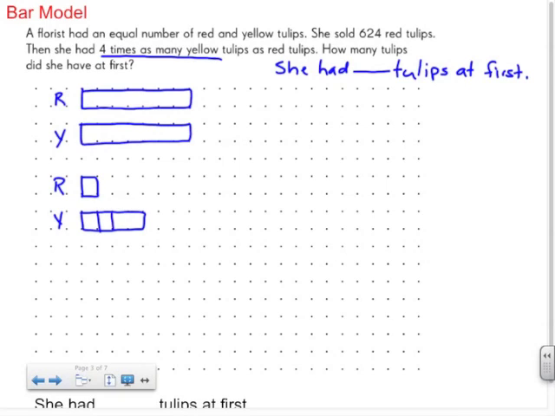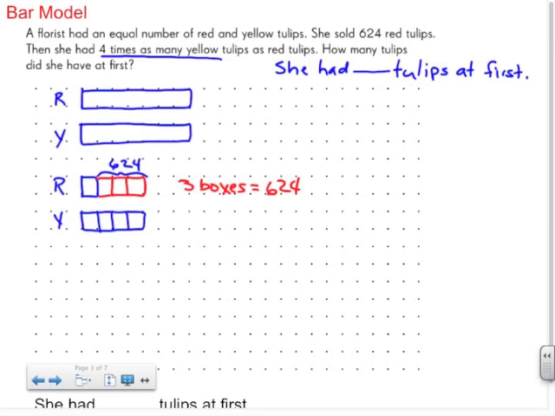So the red that she sold was worth 624 tulips. That means if 3 boxes were sold off, 3 boxes was worth 624 tulips, because that's the sold part.